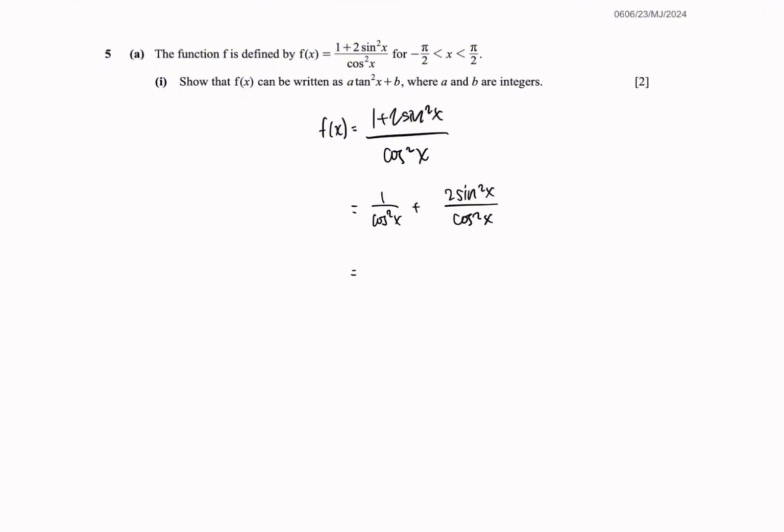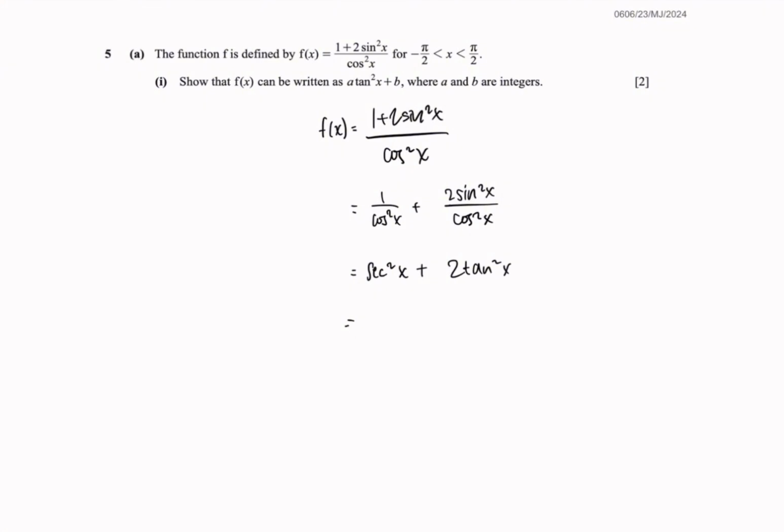And you can simplify it. So 1 over cos square x is equal to secant square x, and this is actually just 2 tan square x. Because if you take the 2 out, it's sine square x over cos square x, which is tan square x.